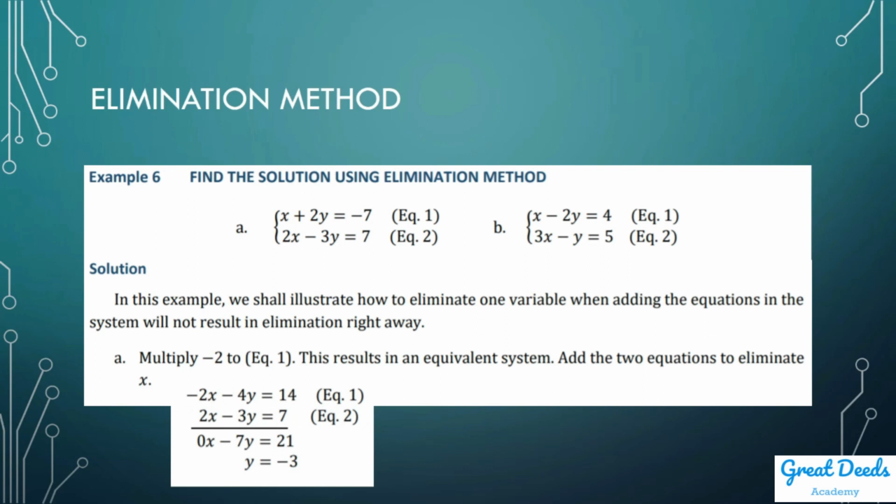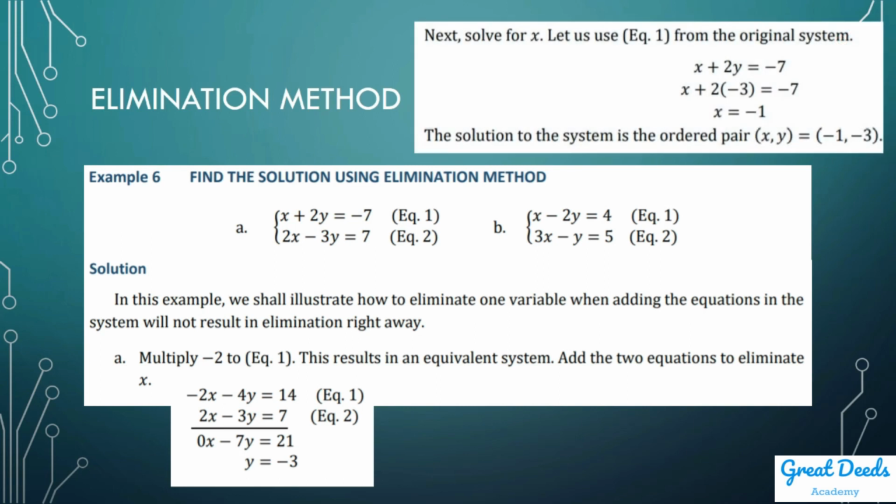So why did this become -4y? Because -2 times 2y is -4y. -2 times -7 is +14. You add the two equations, and the result is this: -7y is equal to 21, y is equal to -3.